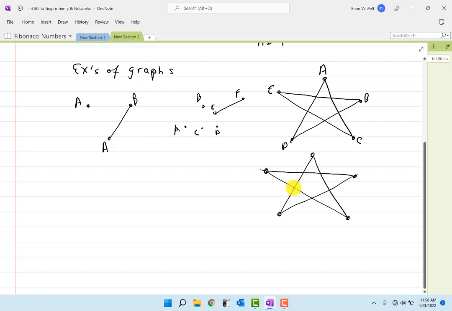Fundamentally different, I mean. So in this case, I have specified more vertices. Notice that these two graphs are not the same. Graphs will be the same if they have the same number of vertices and the same number of edges. And you can see here, they don't have the same number of vertices.